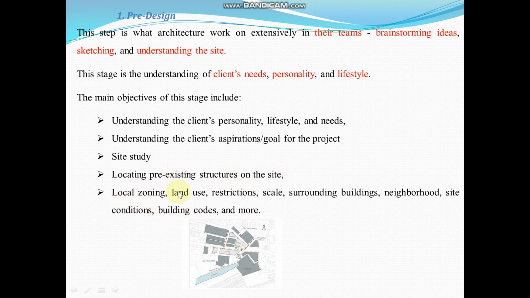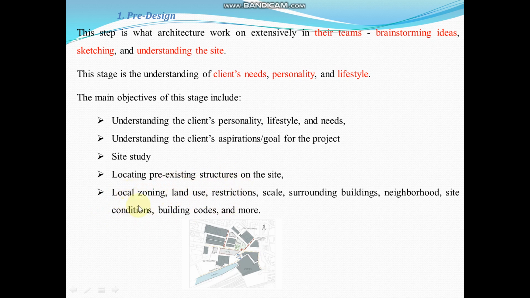Is there any demolition? Or is there any cut and fill related to the topography of the soil? Or if there is an existing structure, how do we construct the new structure? Is there any demolition or not? How do we identify such things?